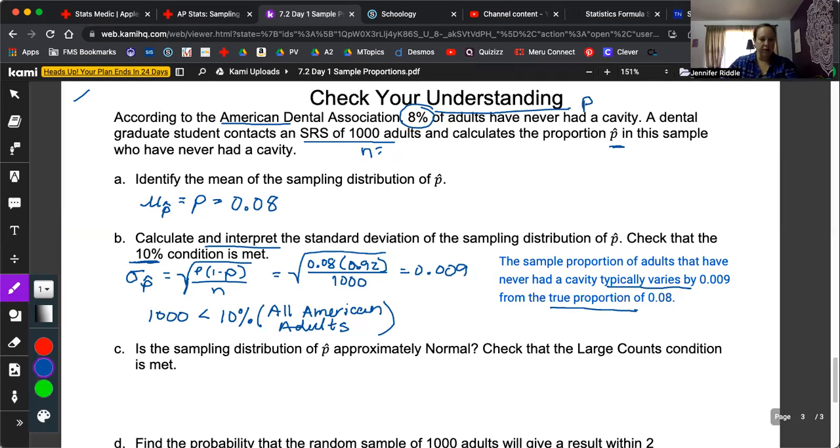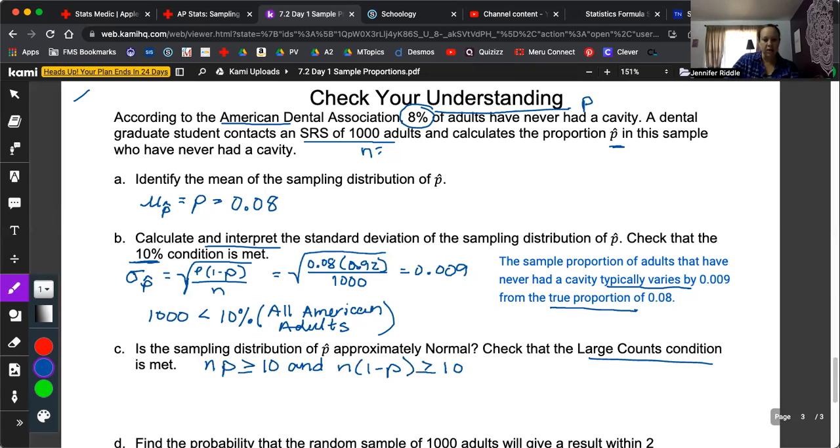Okay, part C, is the sampling distribution of P hat approximately normal? In order to determine that, we need to meet the large counts condition. So the large counts condition says N times P has to be greater than or equal to 10, and N times 1 minus P has to be greater than or equal to 10.